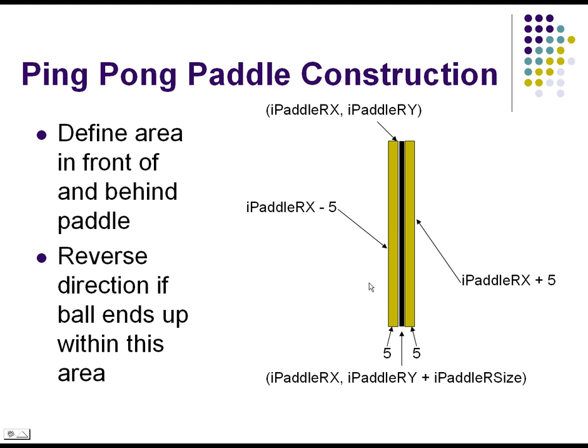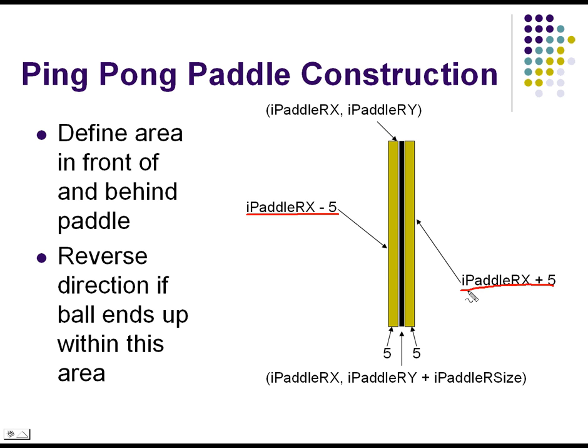Well, we have taken this thing and I've set it up. So if you look at this edge of the paddle, the region we're looking at is the paddle X direction minus 5. That puts up sort of a line along this side. And over on this side, paddle X plus 5. Now I'm using the right paddle, that's why I have the R in here. So the top of the paddle stays the same, bottom of the paddle stays the same.